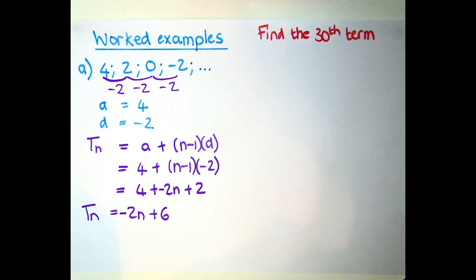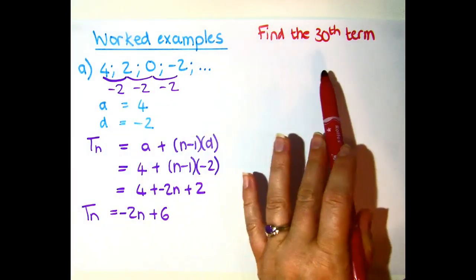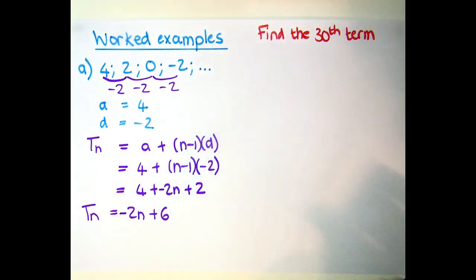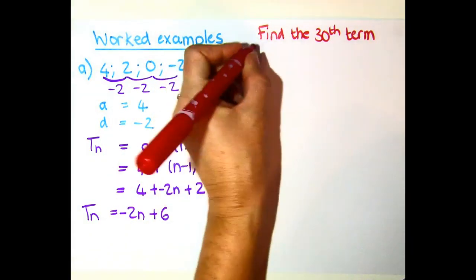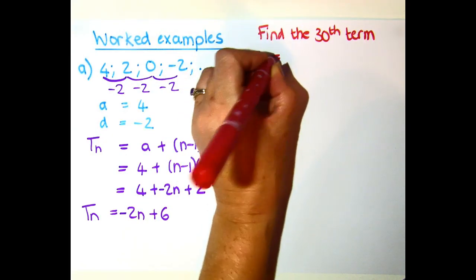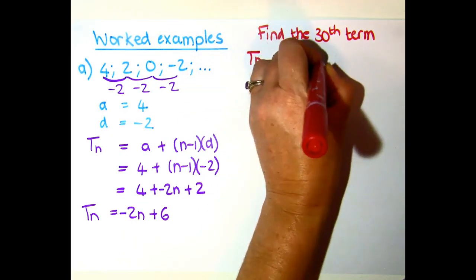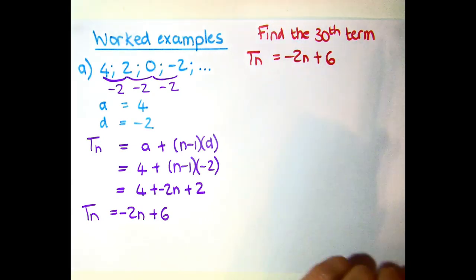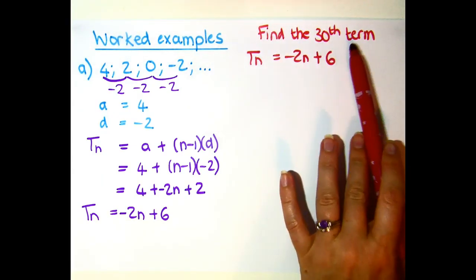Okay, the second question is to find the 30th term that is in this sequence. And of course we're not asking you to write this up to T30 and copy and paste, we're saying use the formula. Okay, so again, I'm writing out the formula. And I need to remember that what this is asking me to do is to find the value.